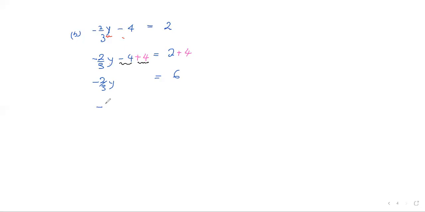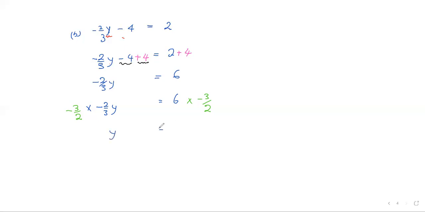Now, we have not yet solved for y, because this is -2/3 y. This is 6. We need to multiply by the reciprocal, or the multiplicative inverse of -2 over 3, which is -3 over 2. Now, a number multiplied by its reciprocal, the answer is 1 there.